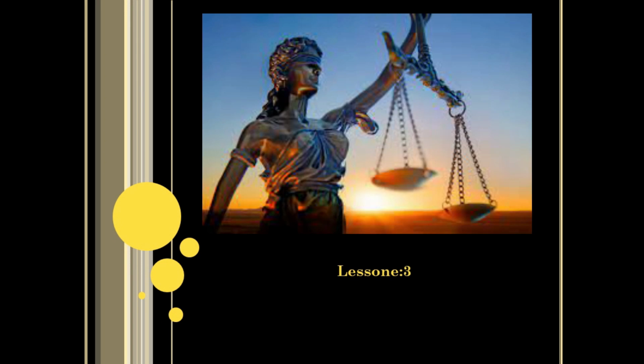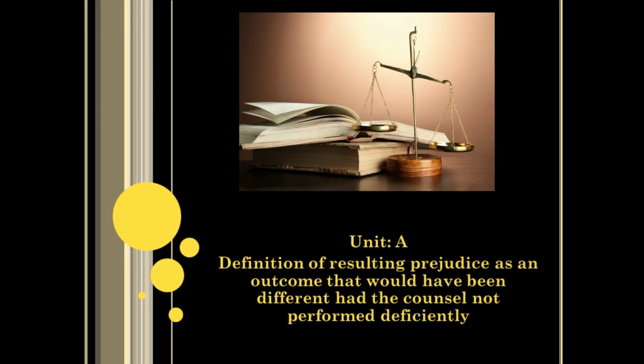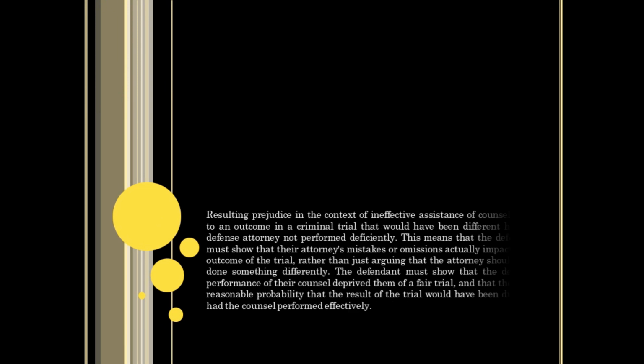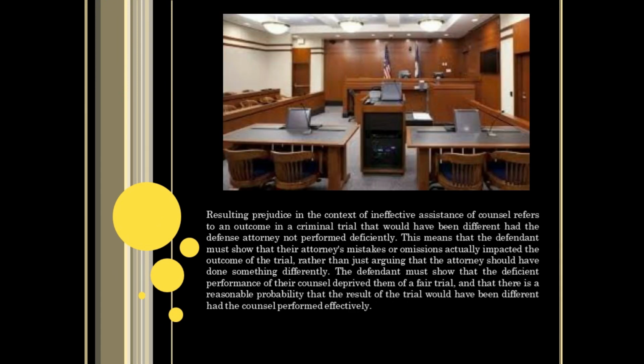Lesson 3. Understanding resulting prejudice. Unit A. Definition of resulting prejudice as an outcome that would have been different had the counsel not performed deficiently. Resulting prejudice in the context of ineffective assistance of counsel refers to an outcome in a criminal trial that would have been different had the defense attorney not performed deficiently.